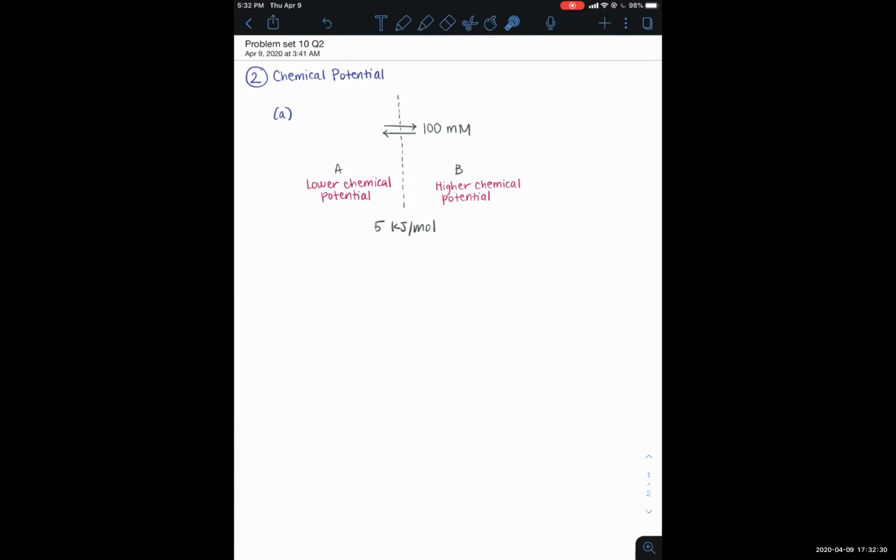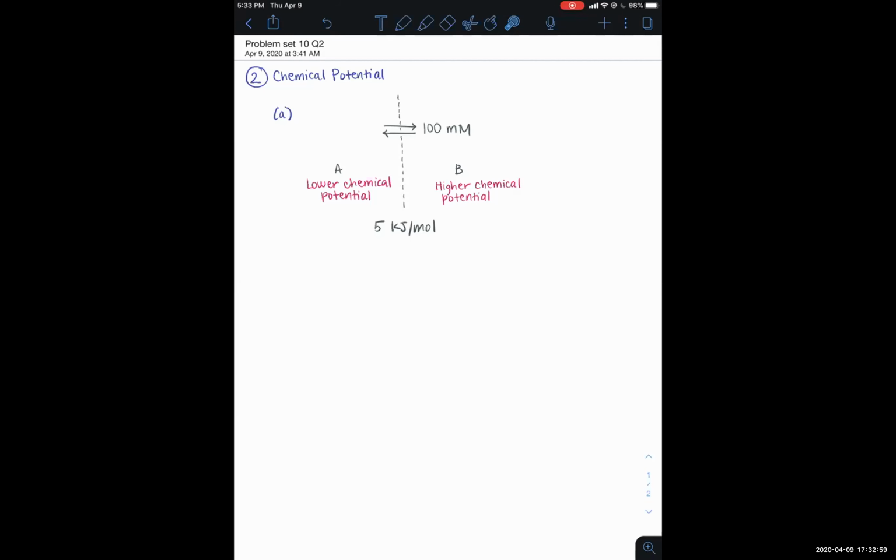So in an ideal dilute solution, since systems favor going from high energy to low energy, the molecules travel from a region of high chemical potential to low chemical potential. So high chemical potential indicates that the region has a higher concentration, and low chemical potential means that it has a lower concentration.